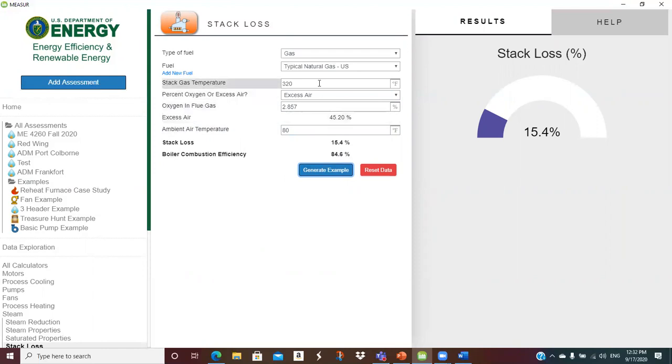Oh, I said generate example and it canceled me out. 450. There's a way to screw it up. I'll find it. Okay, so this one says 21%. So there's a little bit of movement from one source to the next, but there you go. It's not hard to determine a combustion efficiency.